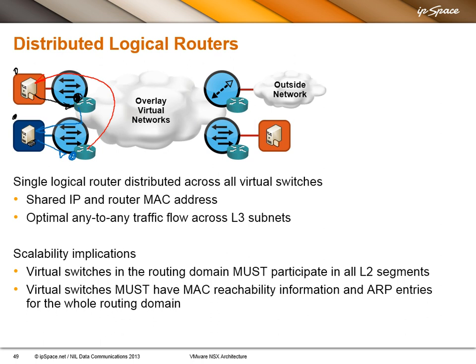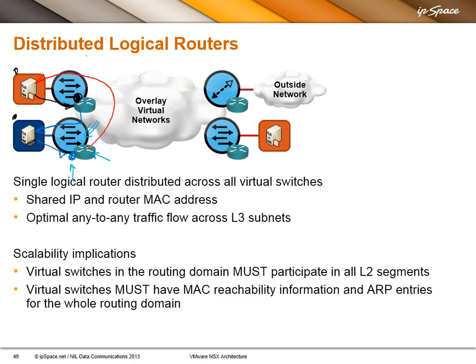And you also see that every hypervisor obviously must know about the routing, so it must have the full routing table for the logical domain. Also, every hypervisor has to participate in every single subnet. So even though this hypervisor here only has a blue VM connected, it has to participate in the blue and in the red subnet.